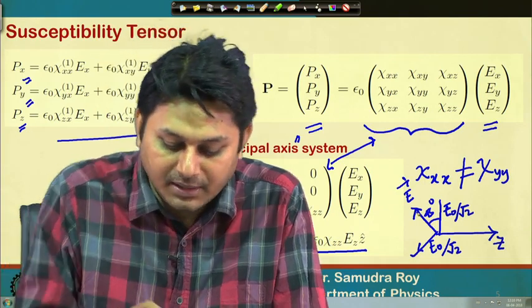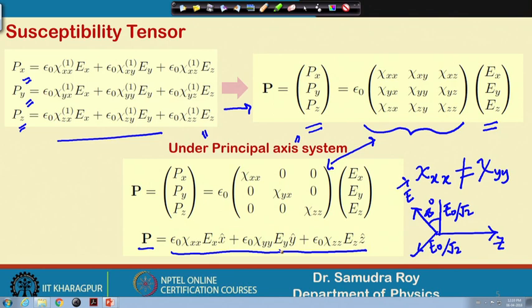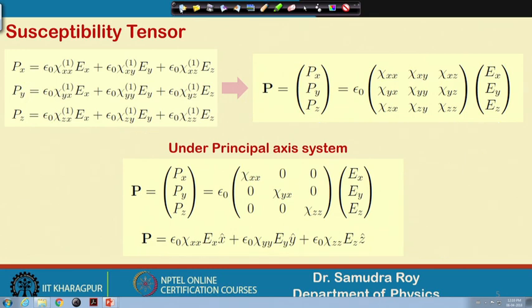So, my electric field is well defined, at around 45 degrees. If that is the case, what happens? If I put this into the equation, I can also figure out what my Px and Py are, and if I want to find the ratio, you will readily find that Px divided by Py comes out to be chi xx divided by chi yy. Here, the Ex and Ey components had a ratio of 1.